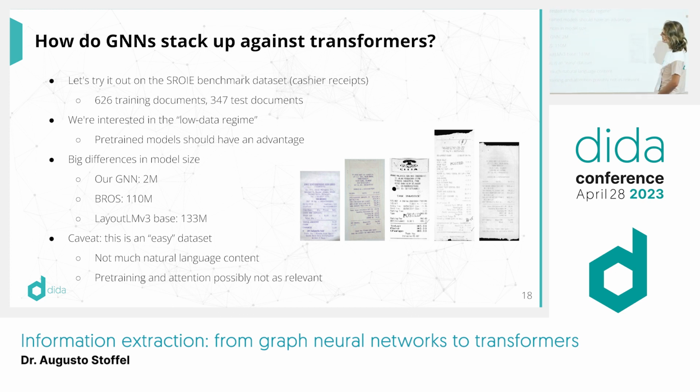One thing to emphasize here is the difference in size. Our GNN has 2 million parameters. BROS and LayoutLM, these transformer-based ones, have upwards of 100 million parameters. So this one you can train on your laptop and run on your phone. For those, you already need specialized hardware.